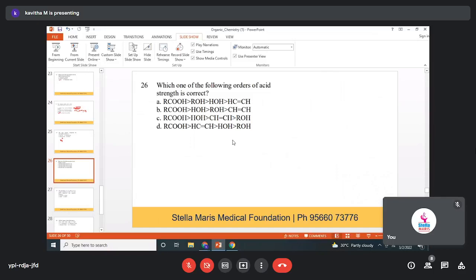The sixth one is acetylene. In acetylene, the S character, I told you this when I took the class. In acetylene, the percentage of S character is 50. They'll be asking a question like this: which is more acidic, acetylene or ethylene?